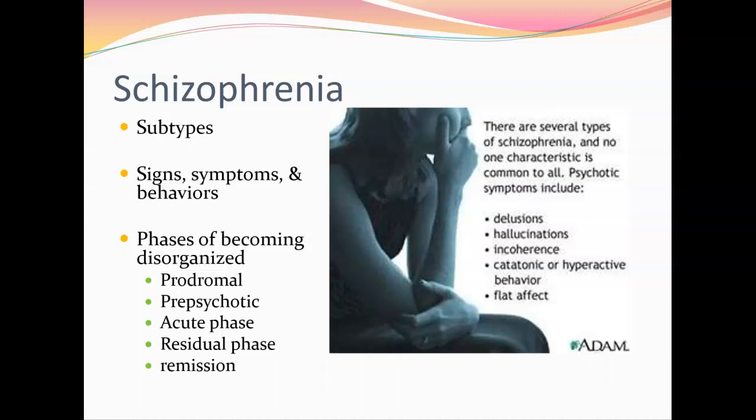Let's talk a little bit about the phases. In the prodromal phase, these are mild changes in thinking, reality testing, and mood. It's insufficient to really meet those diagnostic criteria for schizophrenia, but we do start seeing these symptoms. They appear a month or more before they really have the first full-blown episode.